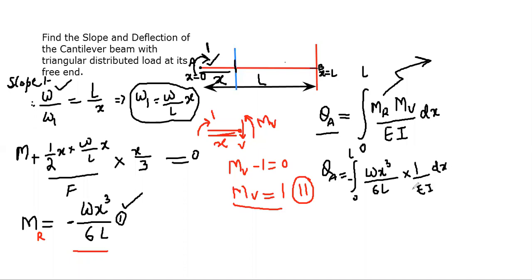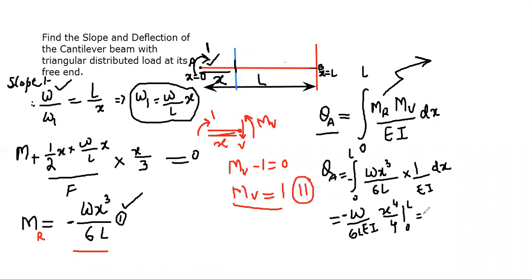Therefore it becomes, w is constant, it will come out, 6, L, EI are all constant, so it will become minus w divided by 6 L EI, and we have the integral of x cube dx, which is x raised to the power 4 divided by 4. The value of the integral goes from 0 to L.